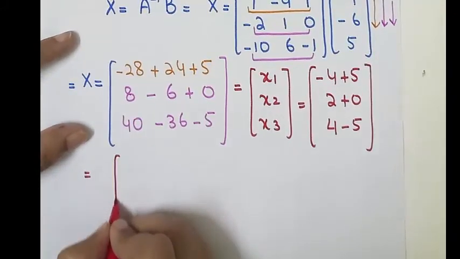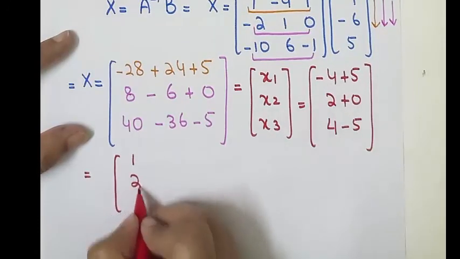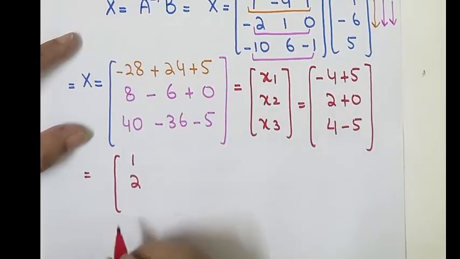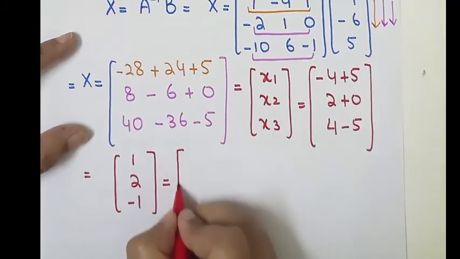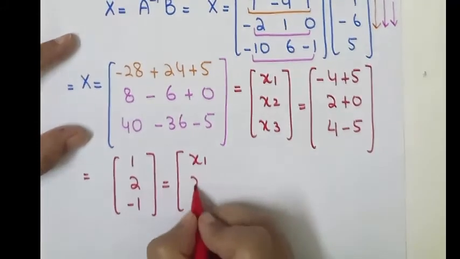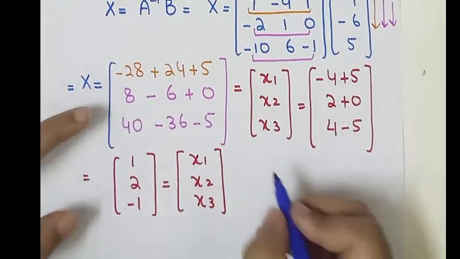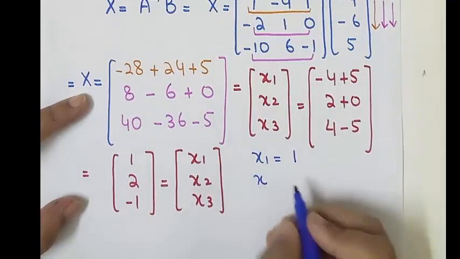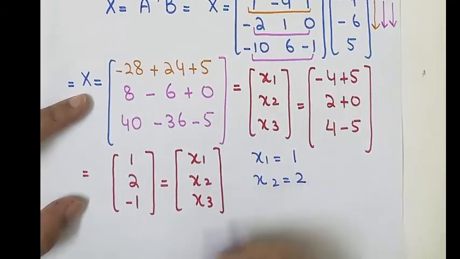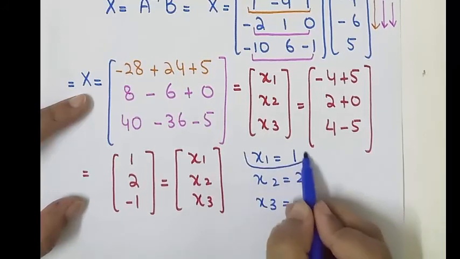So we have -4 + 5, which is 1. 2 + 0 is 2. 4 - 5 equals -1. This equals x1, x2, x3. So from here, the value of x1 is 1, the value of x2 is 2, and the value of x3 is -1.